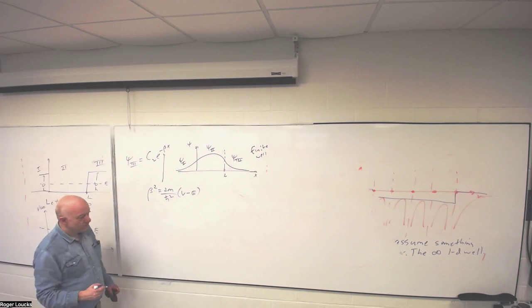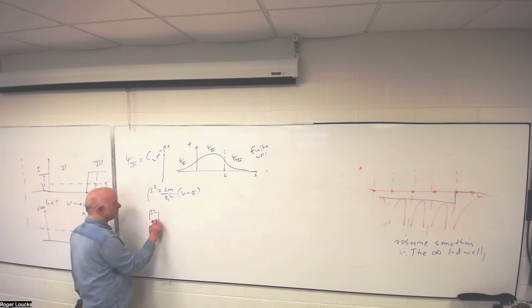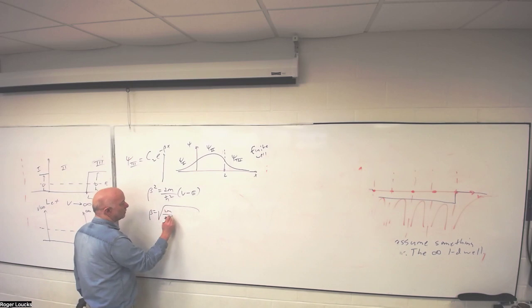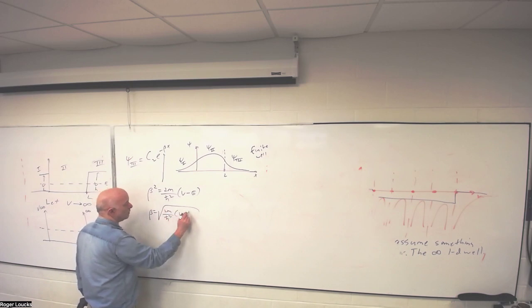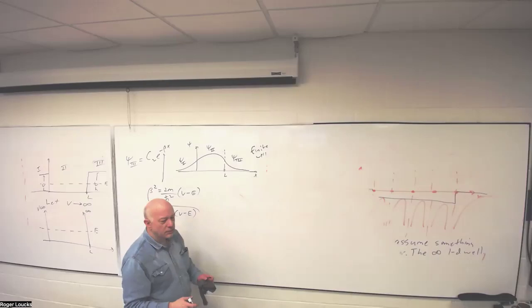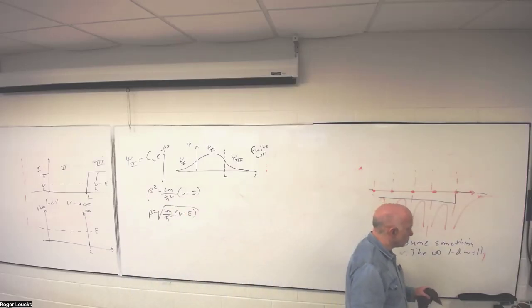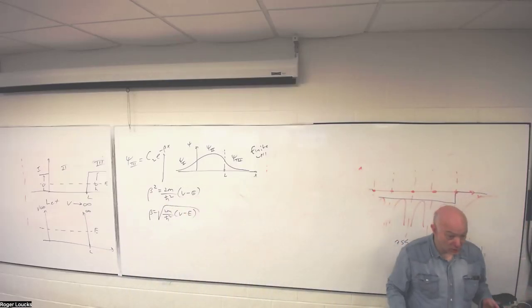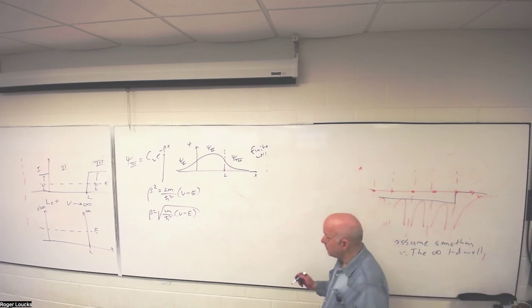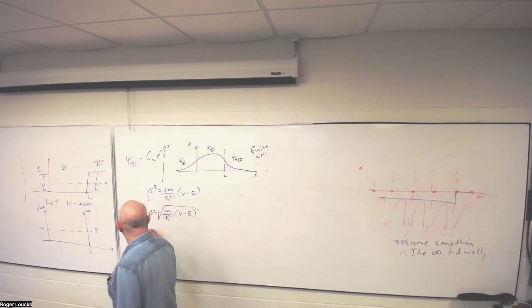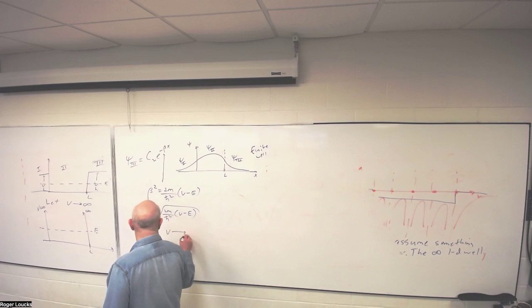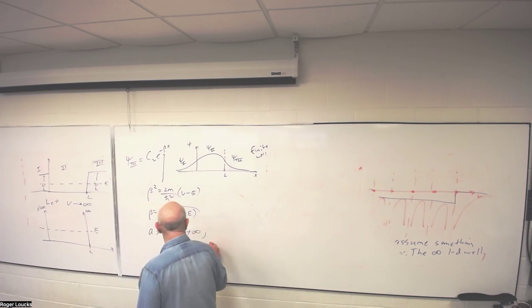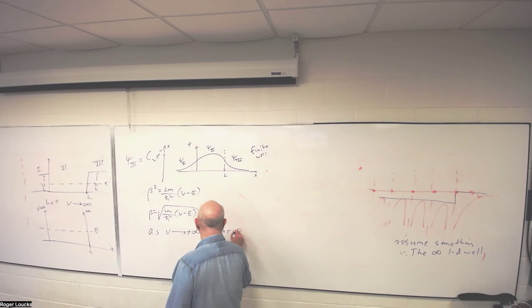Okay, so our beta is this guy. Well, what does that become if our potential goes to infinity? Beta goes to positive infinity. So as V goes to plus infinity, beta goes to plus infinity.